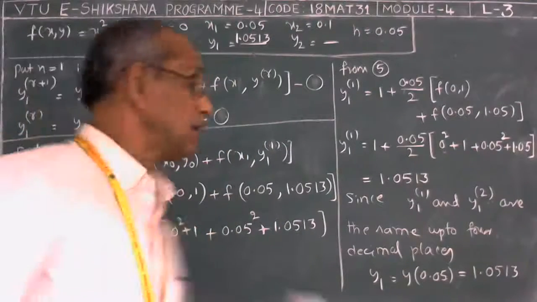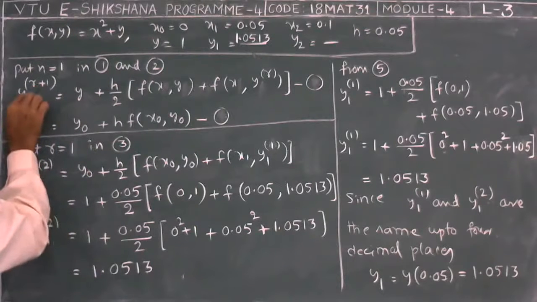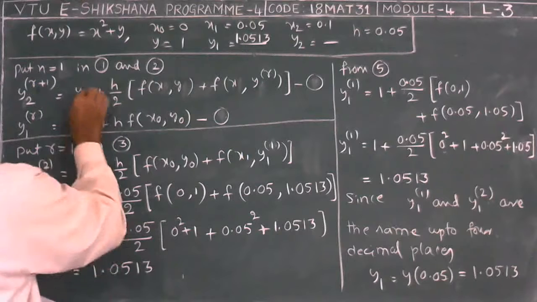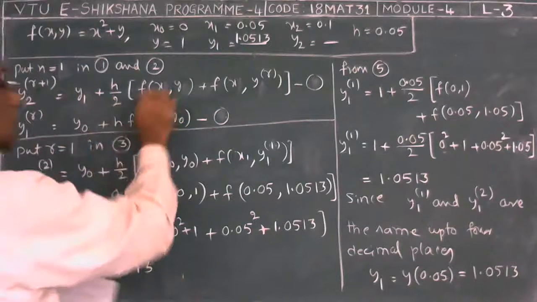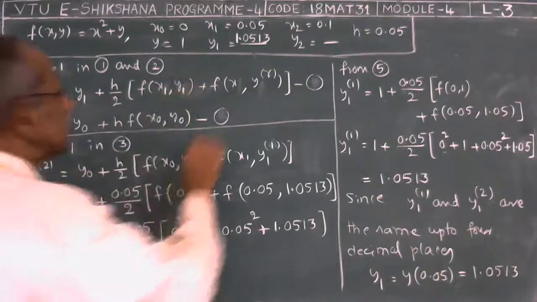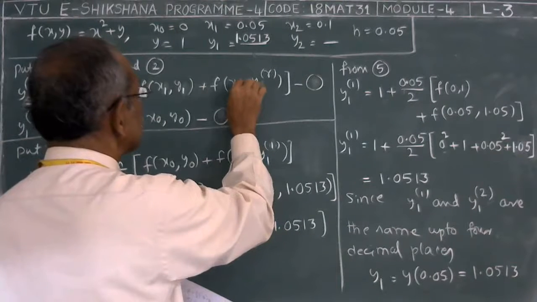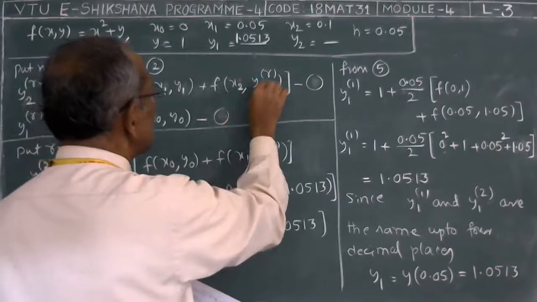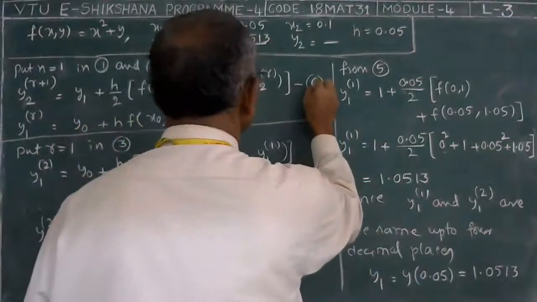You get y2, that is y n plus 1, is equal to yn, n is equal to 1, plus h by 2 into f of xn comma yn, n is 1, x1 comma y1, plus f of x n plus 1, that is x2 comma y2 r. Let me call this equation number 6.